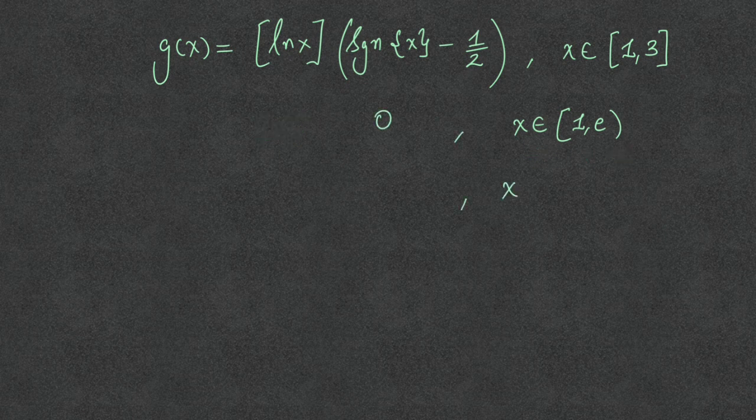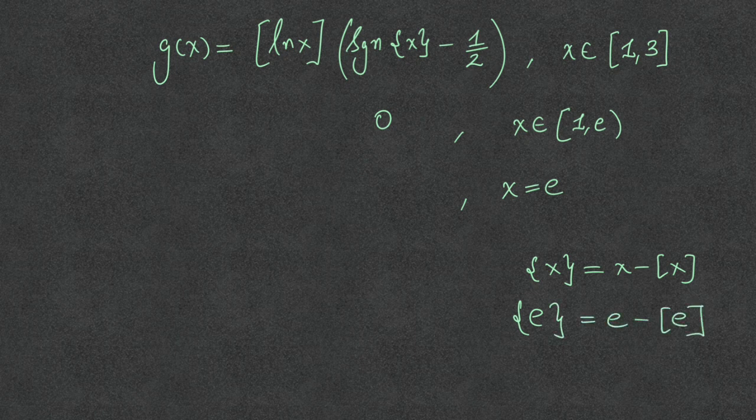Now at x equal to e, this log becomes log e, and the greatest integer of that log is 1. Inside signum we'll use the property that the fractional part is always x minus greatest integer of x. So the fractional part of e becomes e minus 2, because e is the Euler number, approximately 2.7, and its greatest integer is 2.